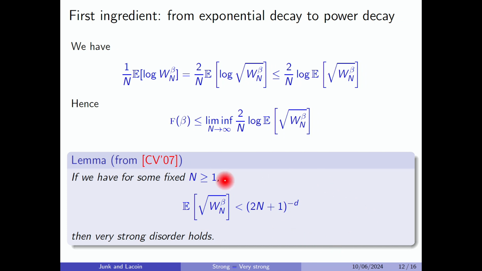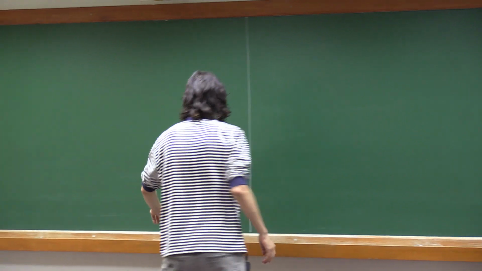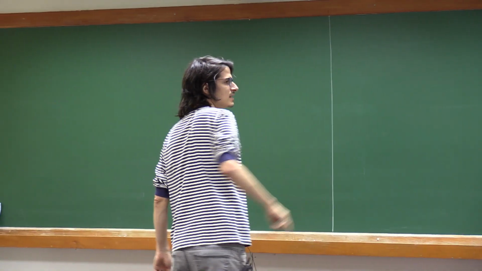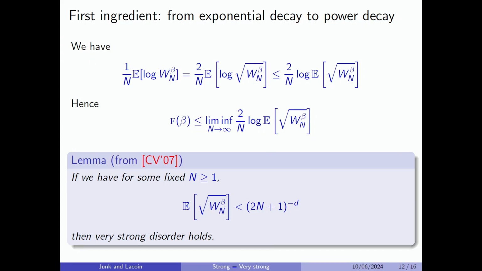This argument is due to Comets and Vargas, and I'm going to sketch it on the board because it's a nice argument. Let's assume that this is true, and let's prove that this implies very strong disorder.